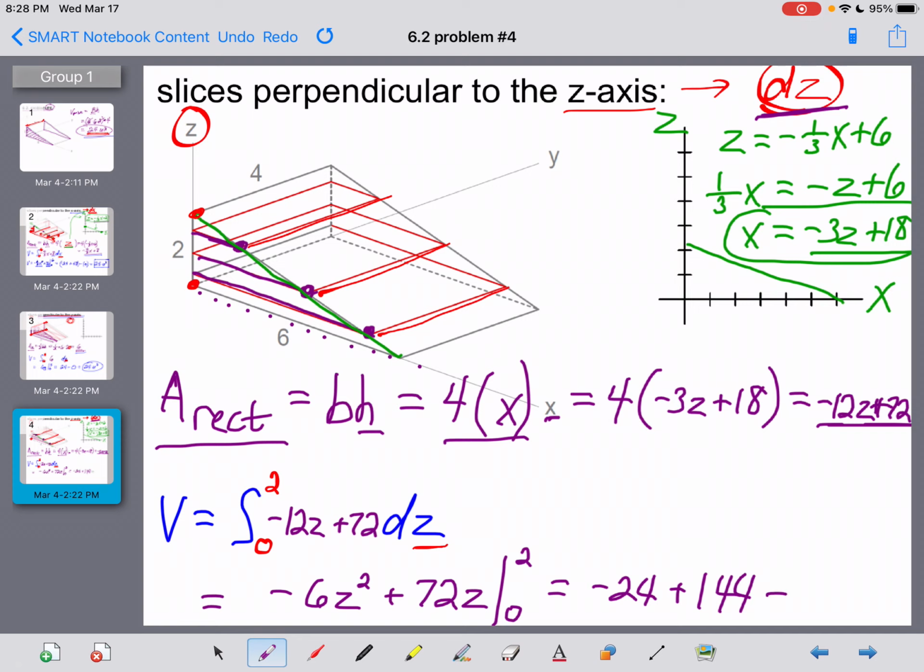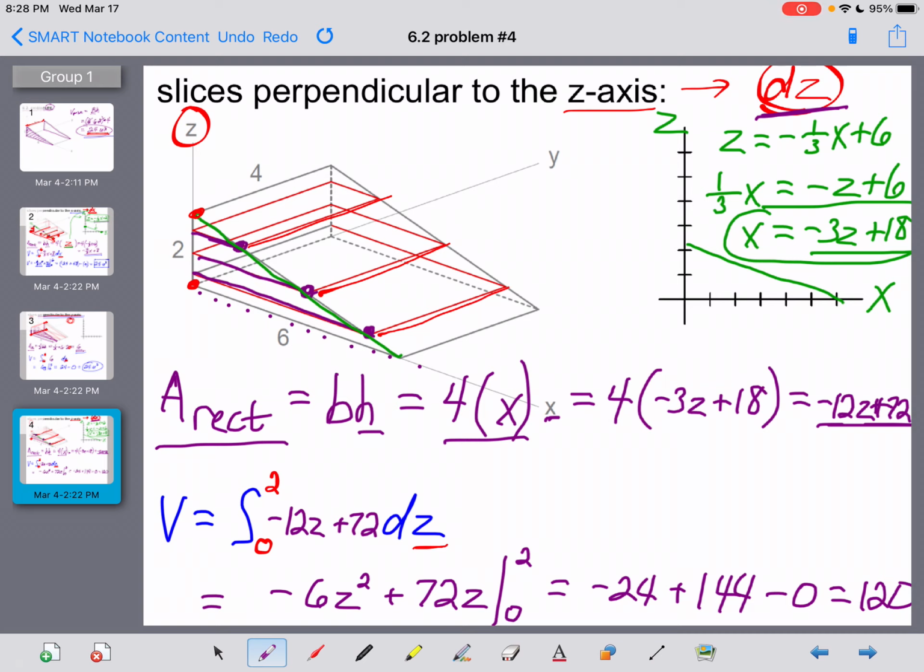Minus, everything on the 0 is going to get us a 0. This isn't good. Let's see here. Something went kablooey because that answer is way too high at 120, and it should have been the same 24 that we had a while ago.